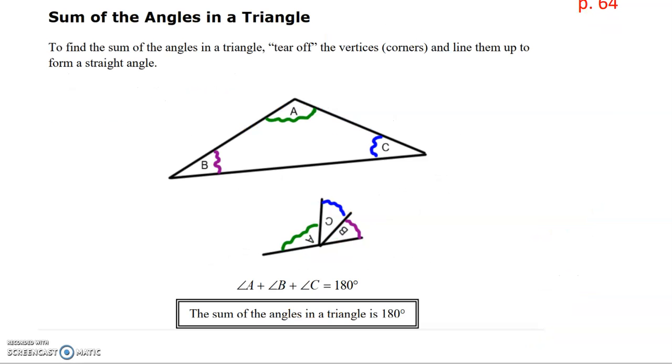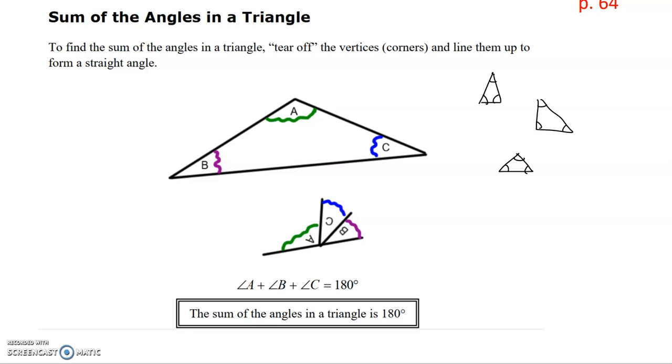The last really cool thing to know is that if you take the corners of any triangle, doesn't matter which way the triangle looks, so we can have triangles that look all different ways. If you cut the three corners of a triangle, you will always get 180 degrees.